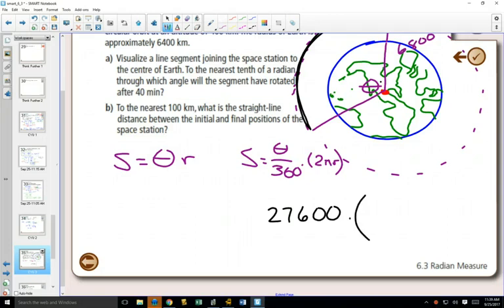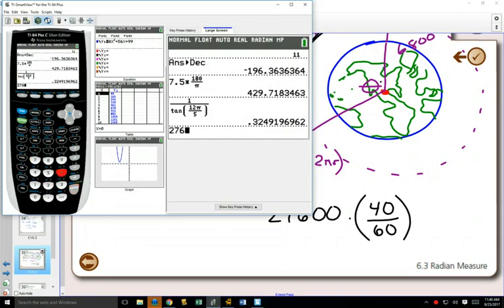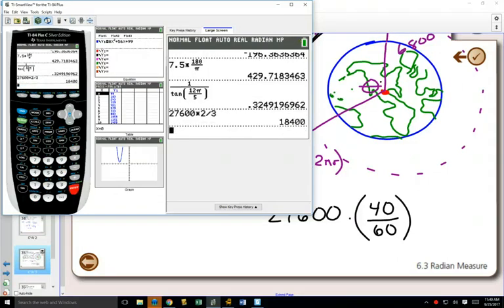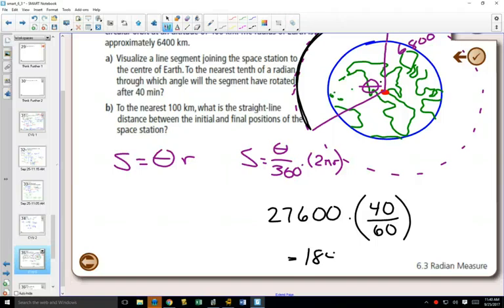But I'm going to need to multiply this, well, not by 40, because it hasn't been 40 hours. What do I put in here? Right, 2/3, because if you think of 60 minutes in an hour, 40 out of 60 minutes is 2/3. And if we multiply this on our calculator, 27,600 multiplied by 2/3, 18,400. That's the distance it's traveled already.